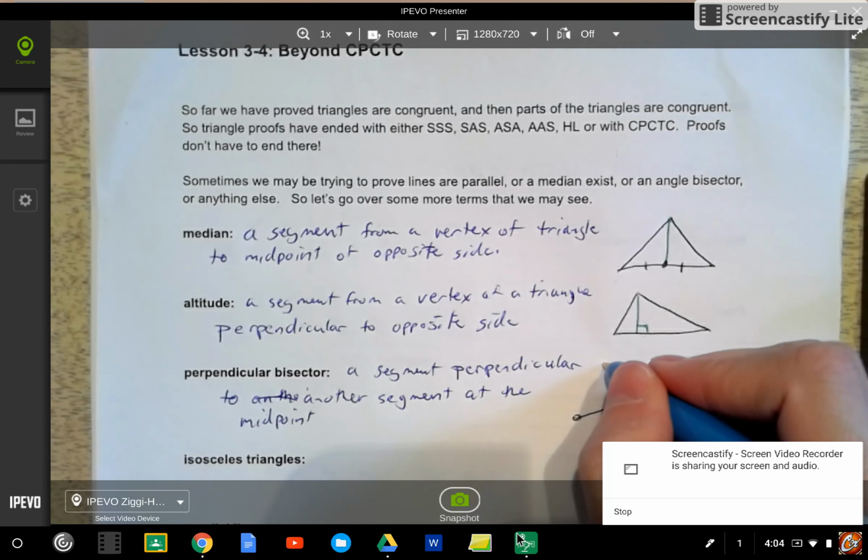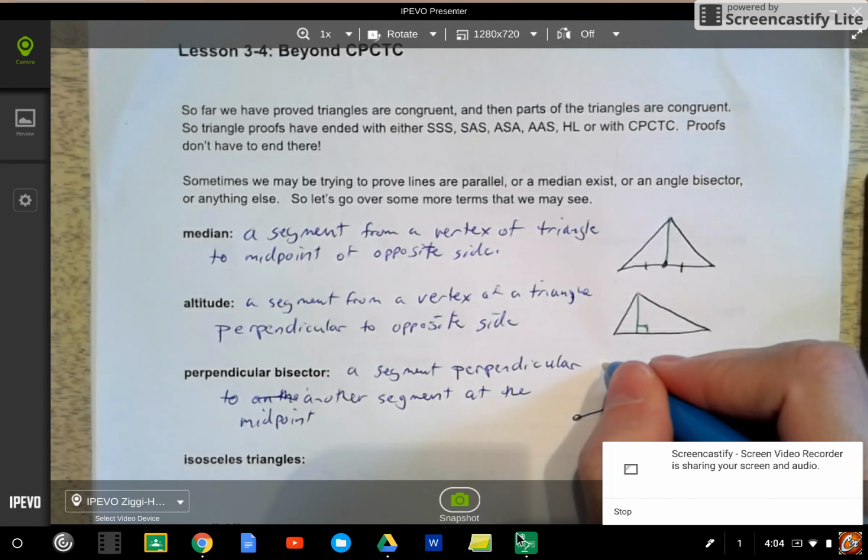This is a theorem about isosceles triangles. Okay, that if I have a triangle that is isosceles, so these two sides are congruent, then the base angles, this angle and that angle, will also be congruent. Okay, we can also use that. If I know the base angles are congruent, then it must be an isosceles triangle. So it's what's called a biconditional.